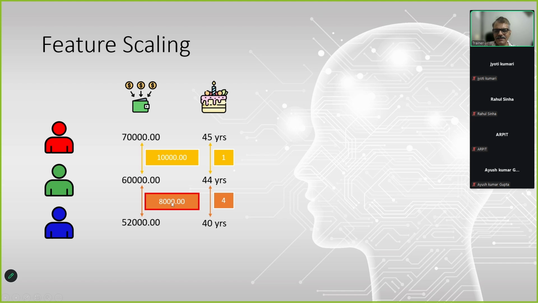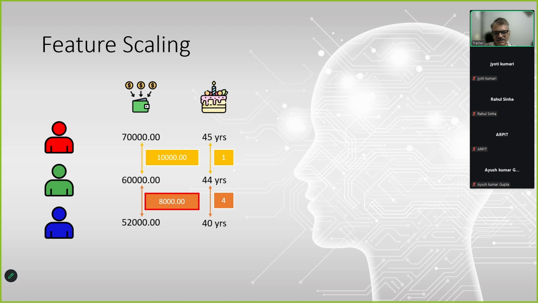And this 8,000 is 2,000 less than the value of the difference between the green and the red person, right? Now we don't want this or similar things happening in our algorithm, because our algorithm can also use 8,000 and 10,000 to make decisions.